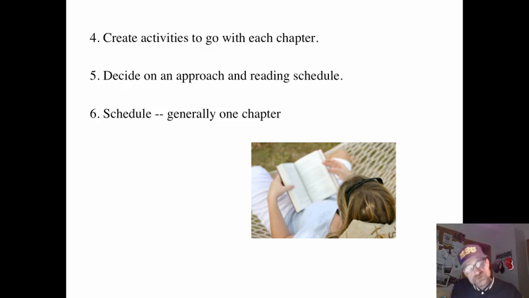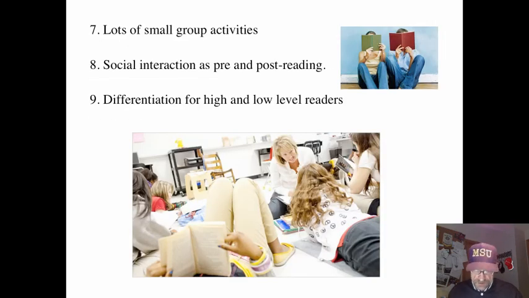So, some strategies for lower level readers: have an outline or chapters on tape, and I'll get to that in just a minute. You want to use lots of small group activities as pre- and post-reading activities.